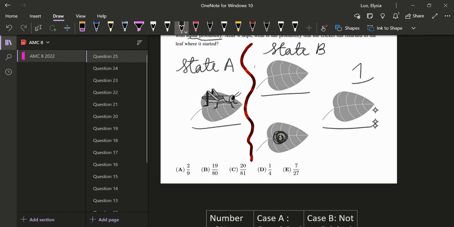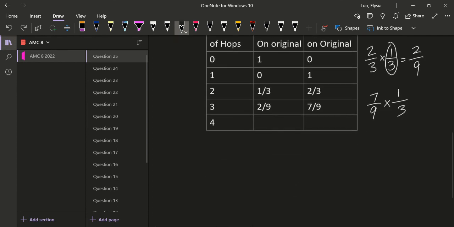Only one of them would be the leaf that you want to be on. Therefore, you would times it by 1/3. And that gives you the answer of 7/27. So let me just fill that in on the table really quickly.